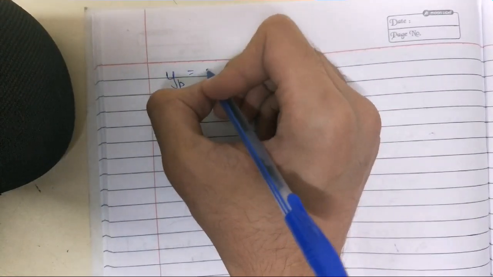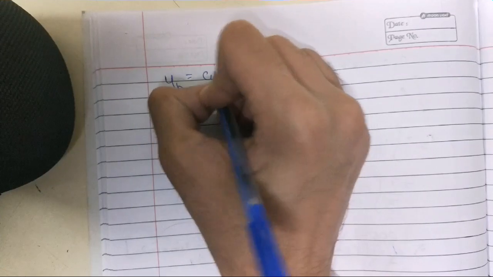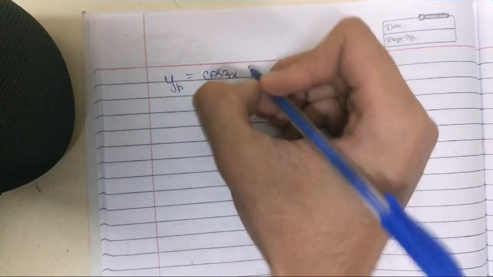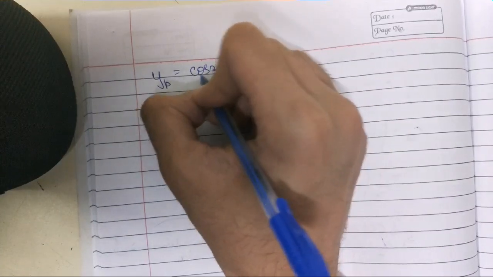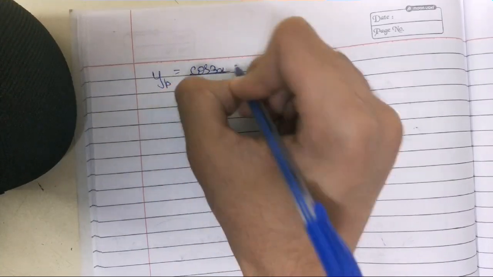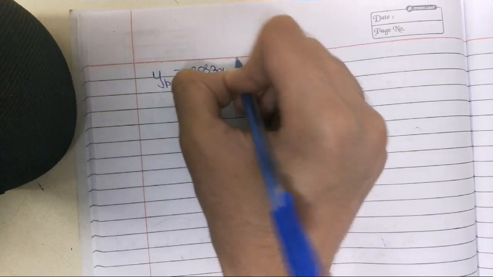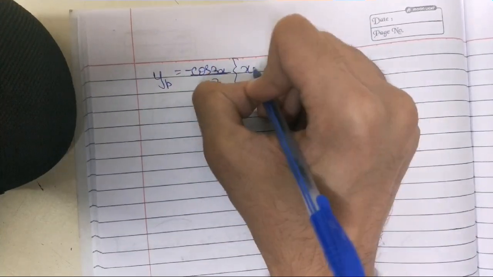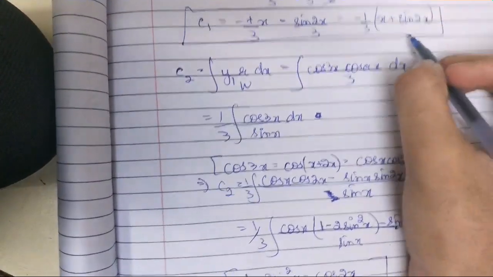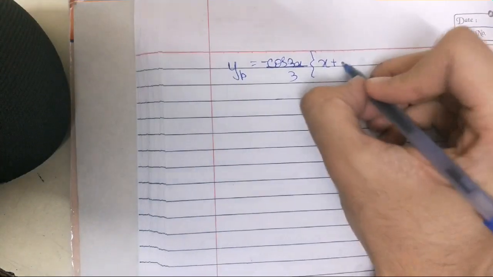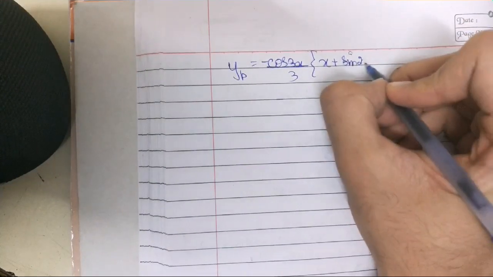So now y1 was cos 3x, and the value of c1 was minus 1 by 3 x plus sin 2x.